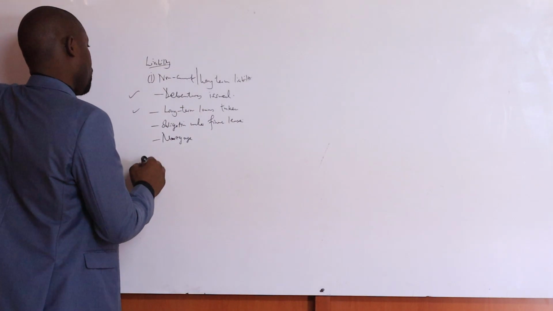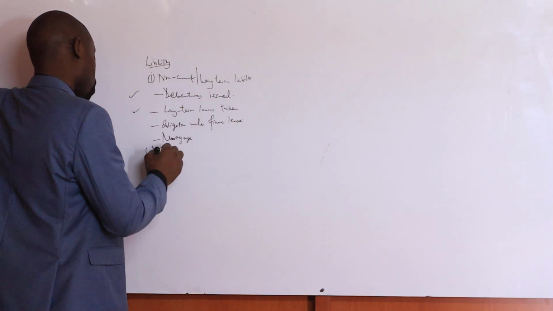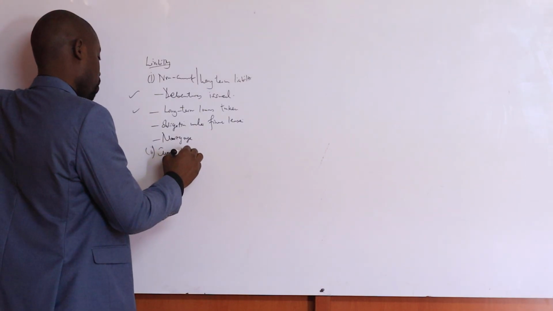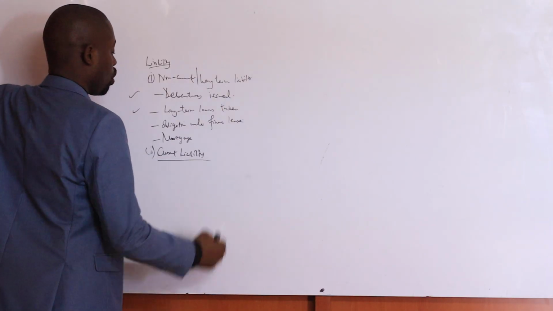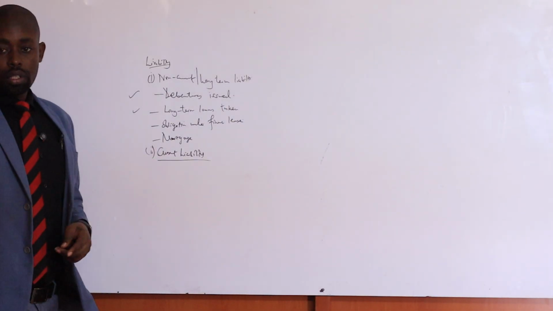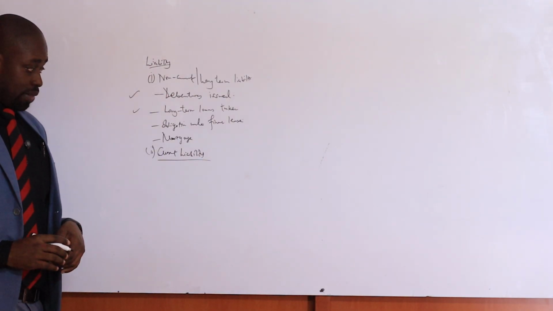And then number 2, short-term liabilities or current liabilities. What are they? These are your owings that you are supposed to settle so soon, within a 12-month period maximum. They are called current liabilities.